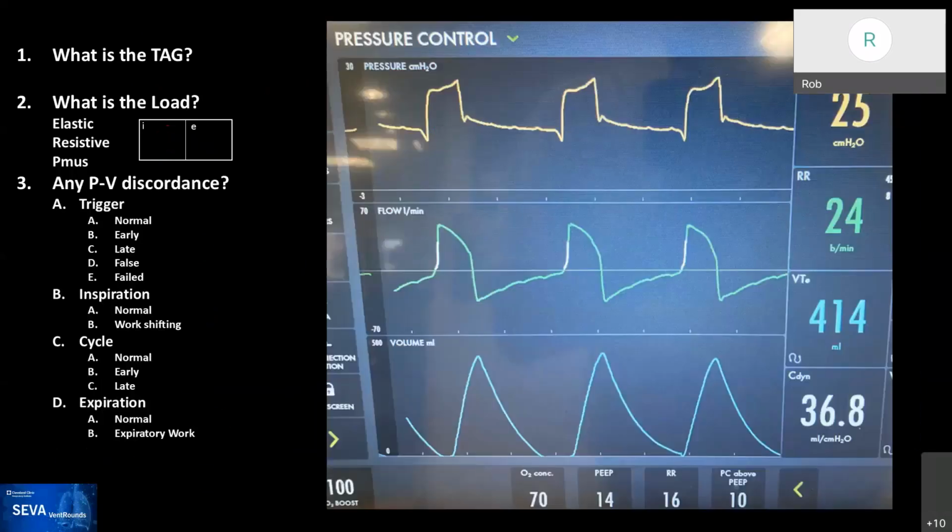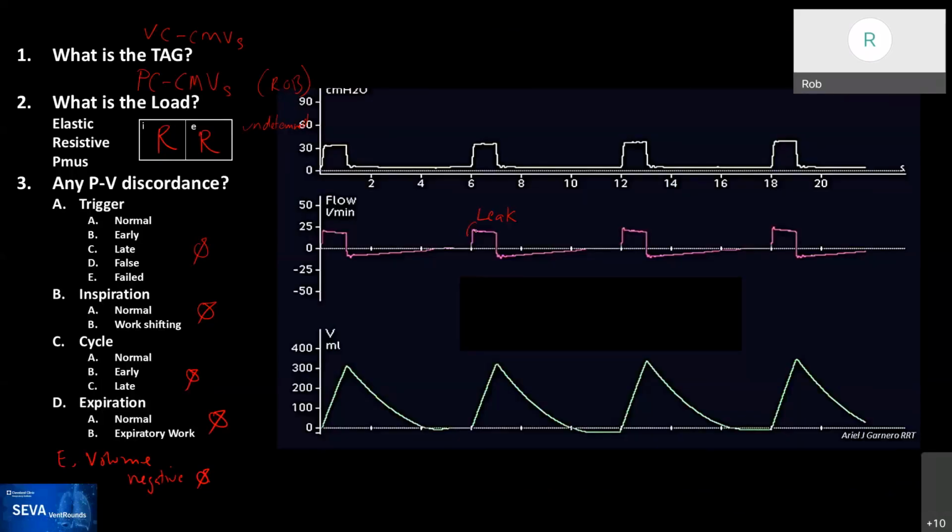And Ariel told me he did this by sticking a leaky HME on the circuit. Yeah, excellent, Rob. The trick here is why the tidal volume was bigger when the patient exhaled, and I still don't understand this.